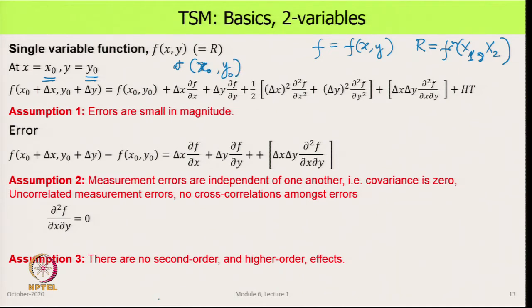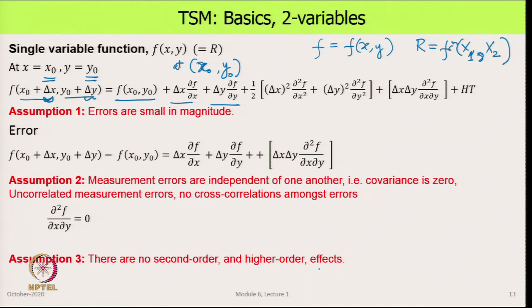Now, we use the Taylor series method for two variables, and life becomes slightly more complicated. So, f at this point, the perturbation is delta x, delta y. Instead of just calling it epsilon, we could have called it epsilon x, epsilon y, that is okay, or delta x, delta y. We are expanding this function about the given mean value f of x0, y0, and we get the first order terms delta x df by dx, delta y df by dy.